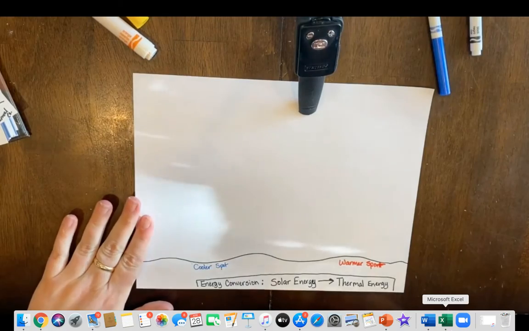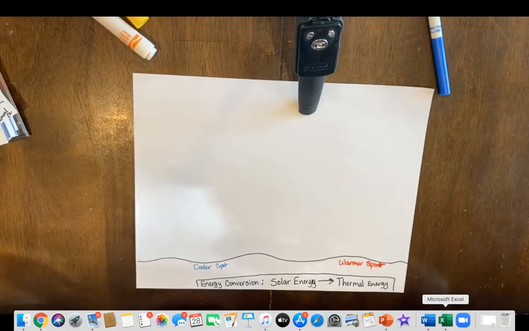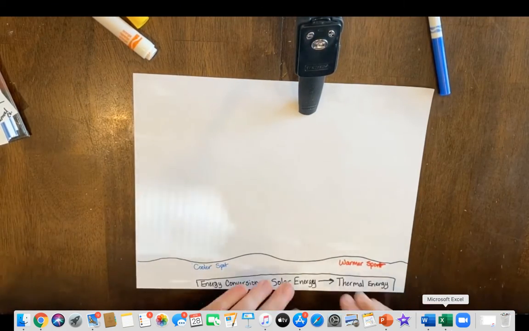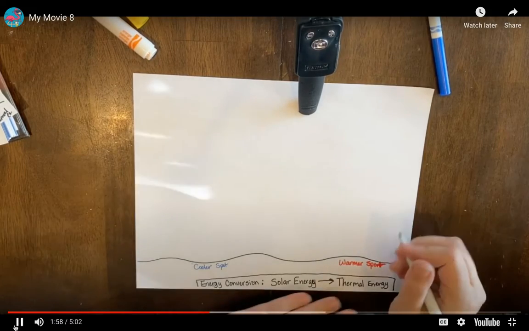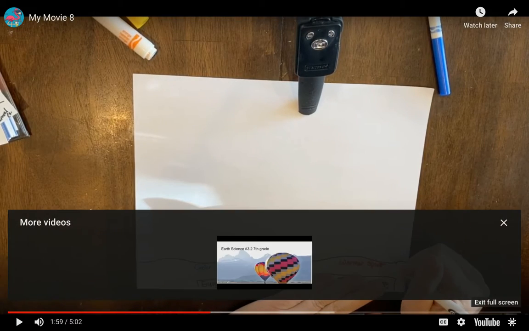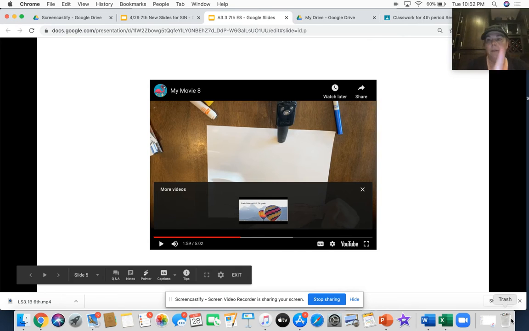So now we're going to put in that energy transfer from the thermal energy in the soil into the air. Okay. And remember, important part, that is called conduction. When I take an energy source or a heat source and I'm transferring the energy, thermal energy, into the air, that is called conduction.